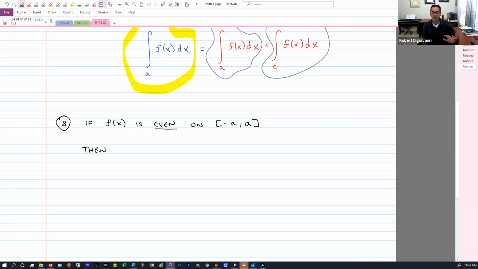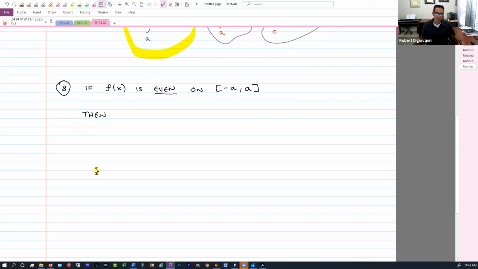So let's try and draw a picture first. Does anybody remember from college algebra or pre-cal what it means for a function to be even graphically, in terms of its graph? What do even functions have to look like? No?